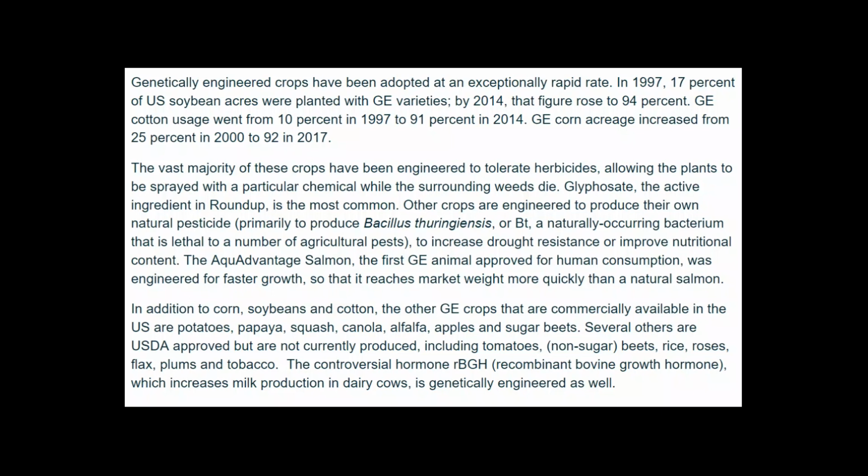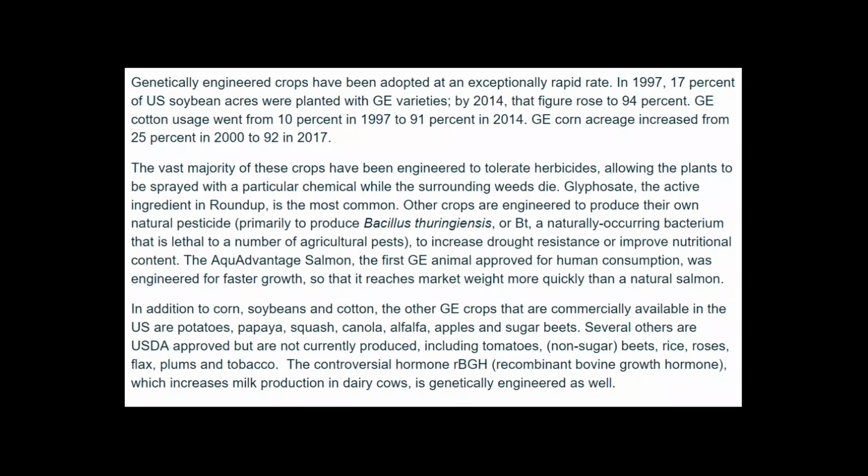The AquAdvantage salmon, the first animal approved for human consumption, was engineered for faster growth to reach its market weight much more quickly than natural salmon. So I suppose that is sustainable because the farmer can produce more profit.